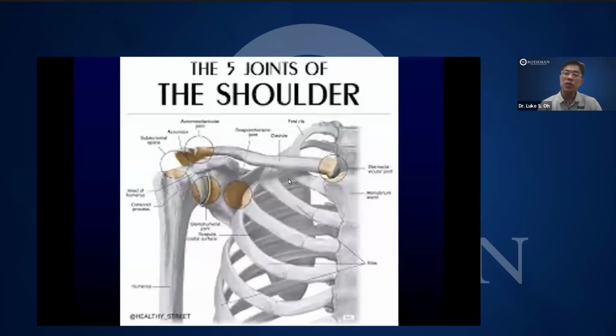So let's move on now. When we talk about shoulder instability, what do we really mean? What's the shoulder? In the shoulder girdle, this particular artist would propose that there are 5 joints in the shoulder, and this person included the subacromial space as a joint. I think many of us would not consider that a formal joint anyway.